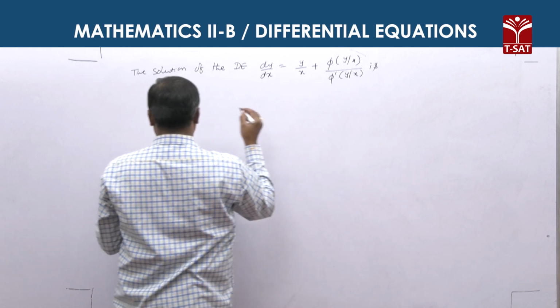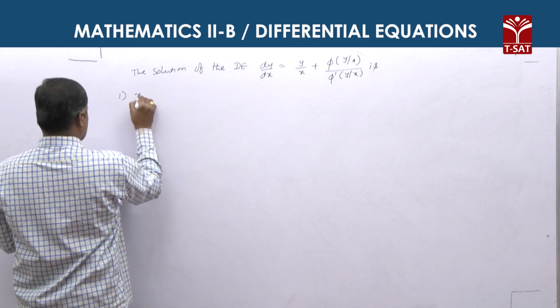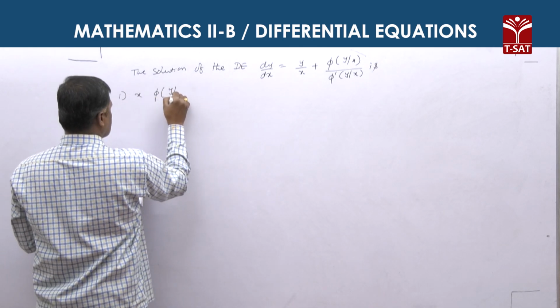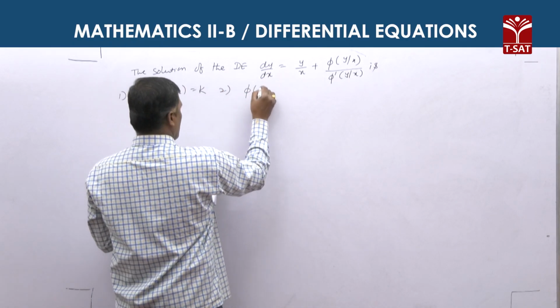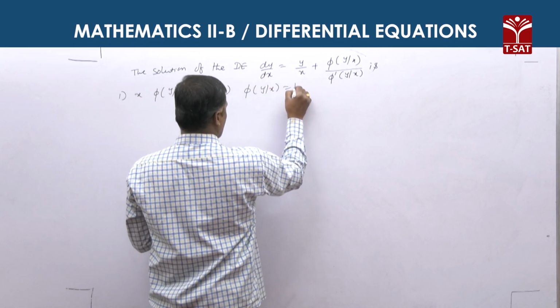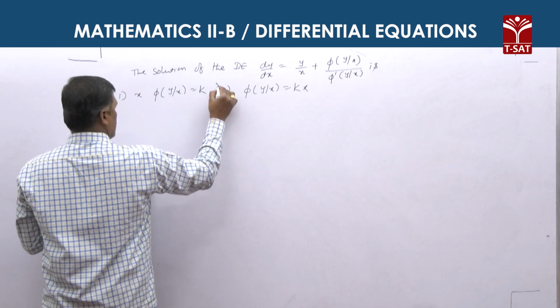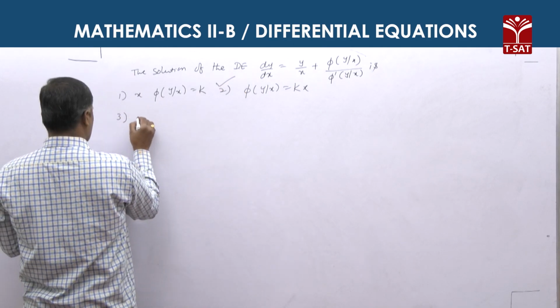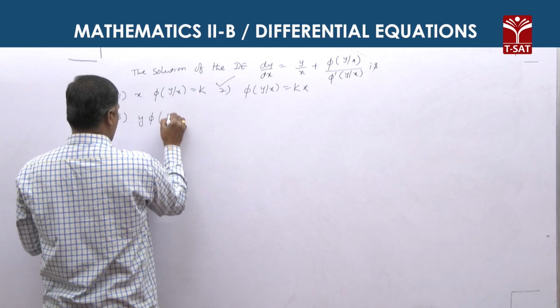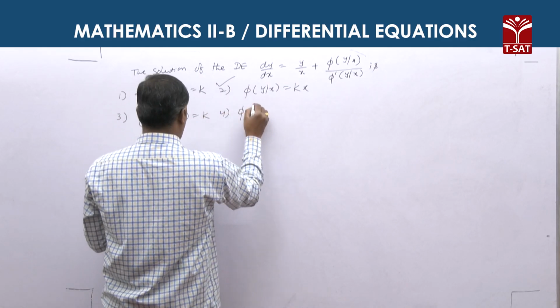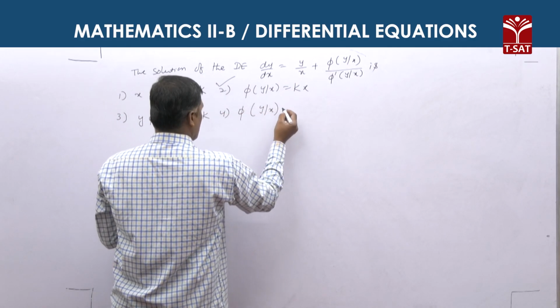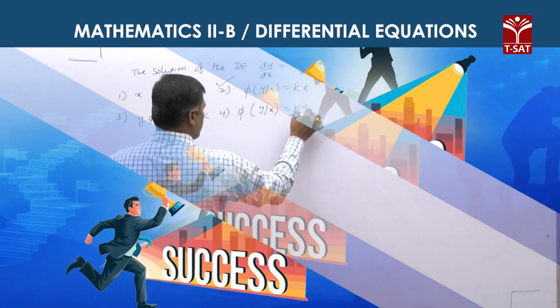The first option is x into phi of y by x is equal to k. Second option, phi of y by x is equal to kx. Third option, y into phi of y by x is equal to k. Fourth option, phi of y by x is equal to ky.